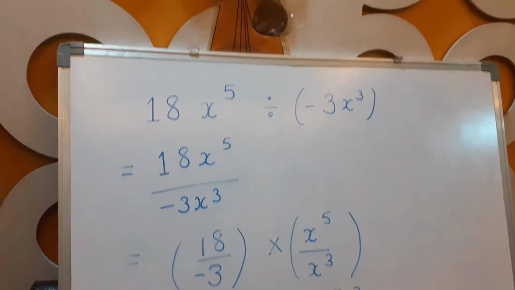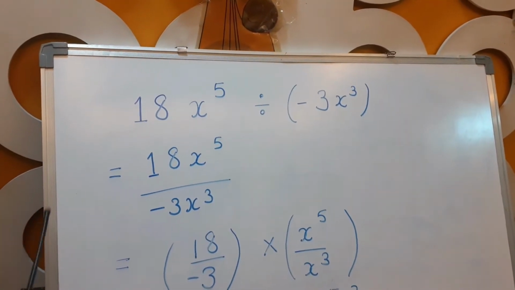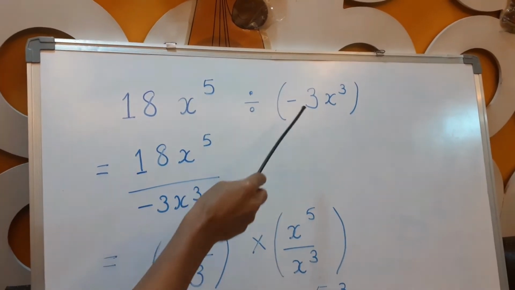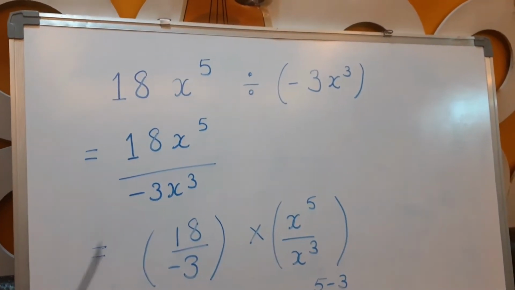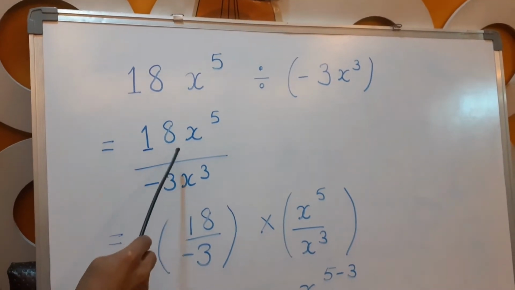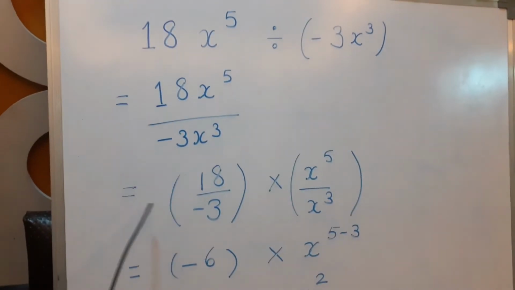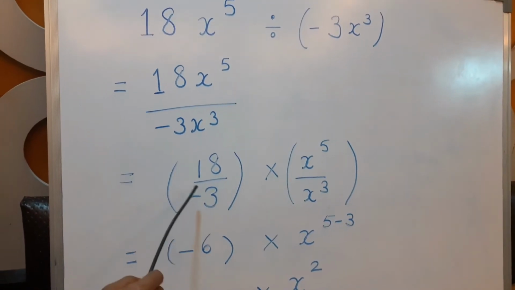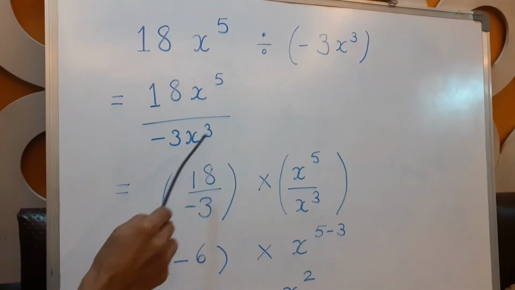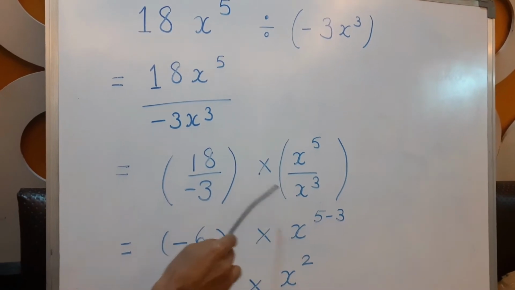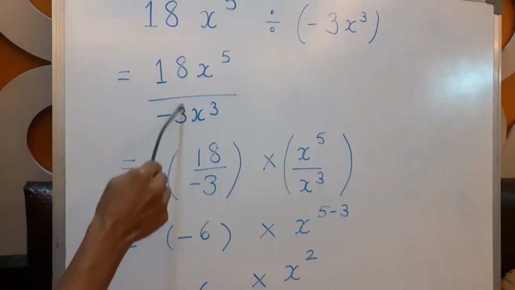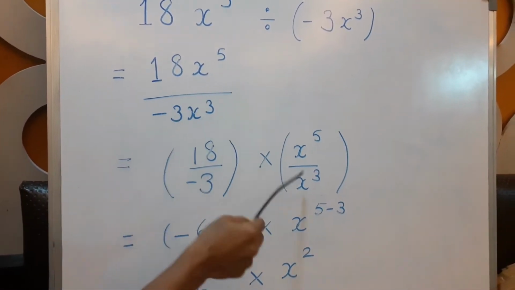My first algebraic expression or polynomial is 18x raised to 5 divided by minus 3x cube. Now this can also be written as 18x raised to 5 upon minus 3x cube. This is equal to 18. Now what we are doing is we have to separate the constant from the variables. Okay. So we separate 18 and 3 separately and we put x separately.